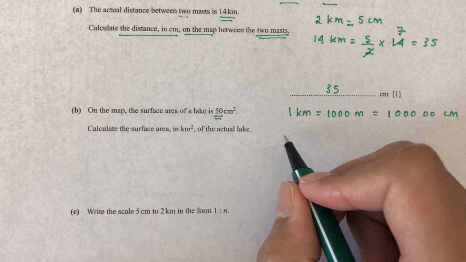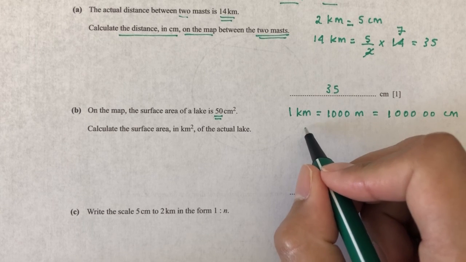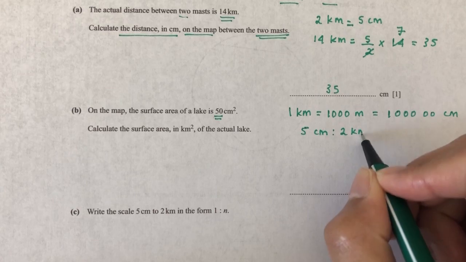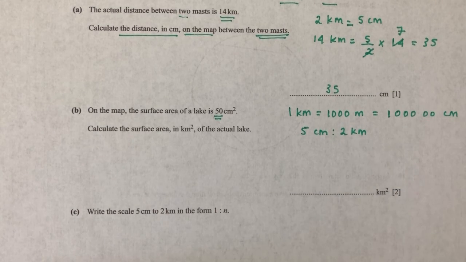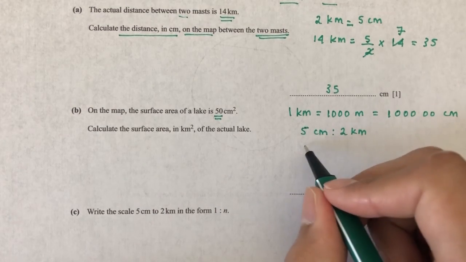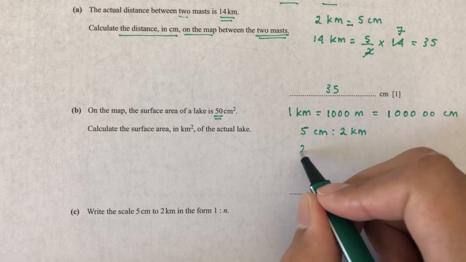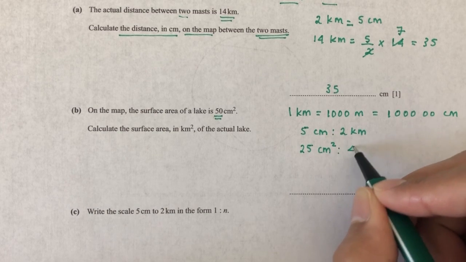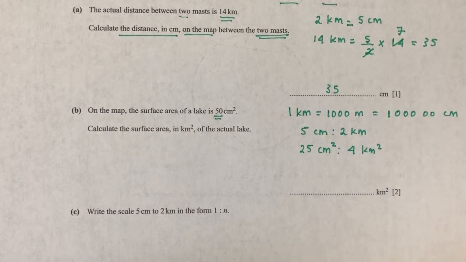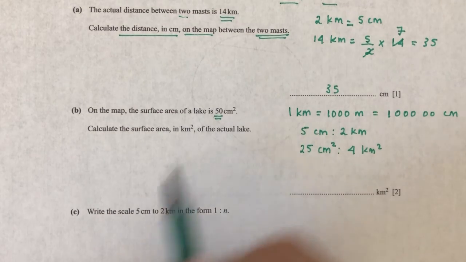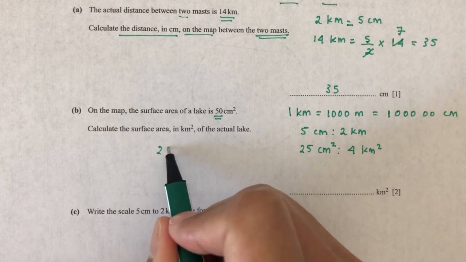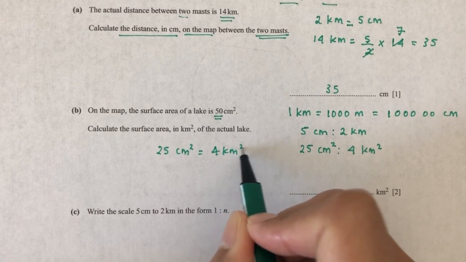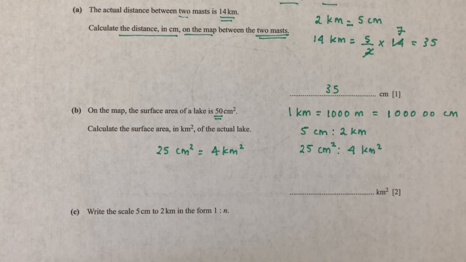So our scale here, we have to convert that to square. So we have 5 centimeters as a ratio to 2 kilometers. So if we square them, we will have 25 centimeters square is equal to 4 kilometers square.